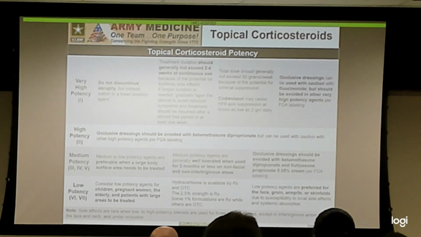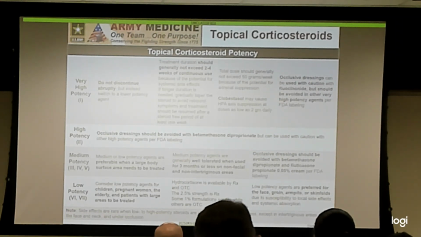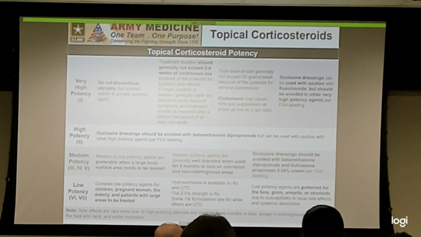So I need you to remember what is happening when you choose a different type of potency, okay? When you're using your very high potency, because it's very high, it makes sense, right? I'm going to taper off of this because it has a very high potency, okay?